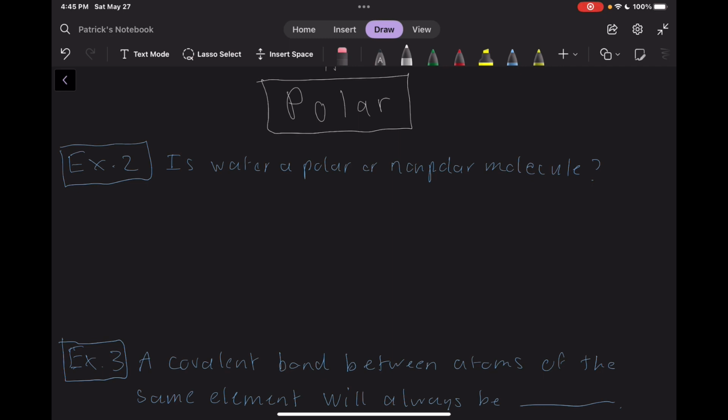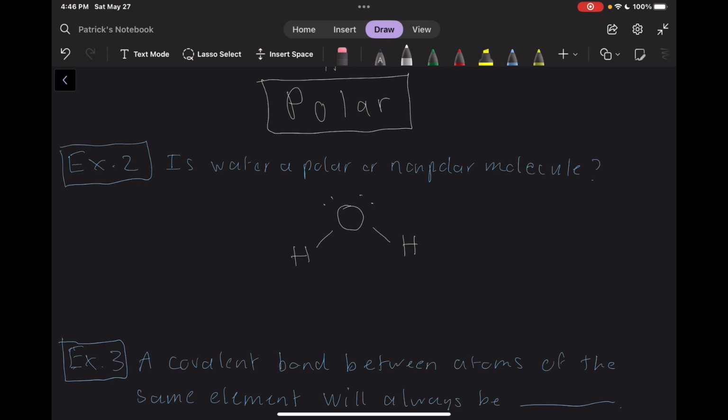Example 2 is asking if water is polar or nonpolar. This is the Lewis structure for water, and again, this should be consistent with VSEPR theory.